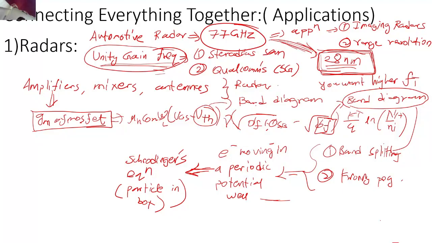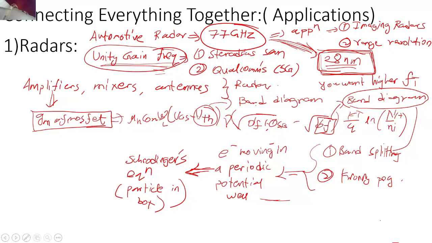So now you studied the Schrodinger's equation. Then from there you moved on to the particle moving in a periodic potential well. From there you got the Kronig-Penney model. From there you got the concept of the band diagram. From the band diagram you got the concept of phi f and all. From phi f you got the concept of threshold voltage.